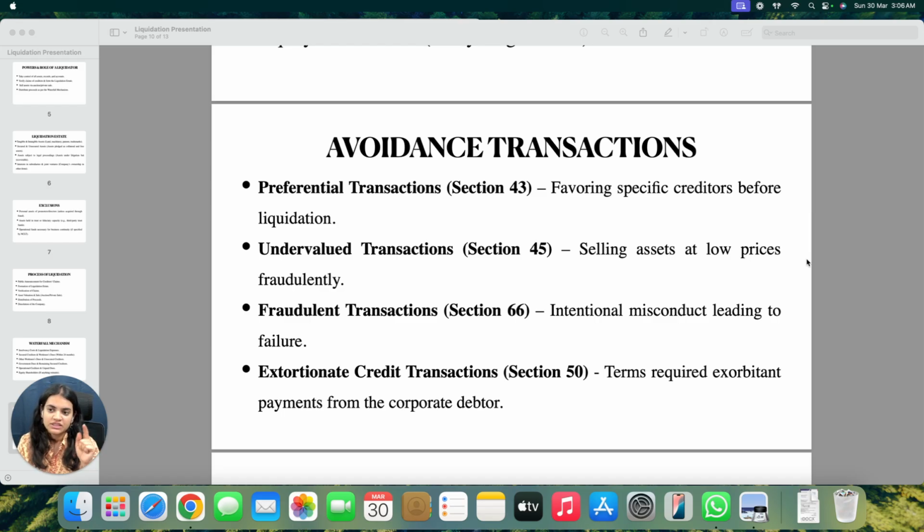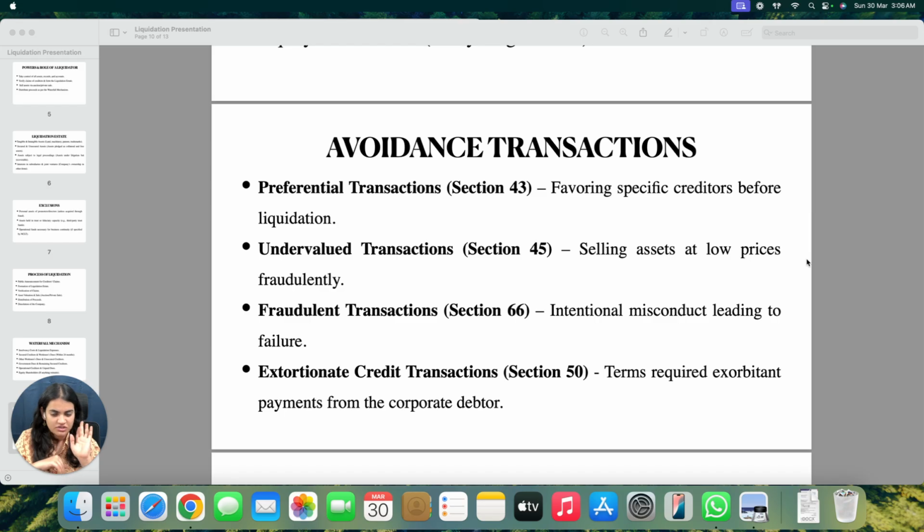Now, Section 45 provides for undervalued transactions. Basically, if any assets of the corporate debtor are sold at a throwaway price, at a price so low that it is unrealistic. It may be given off as a gift, or it may be sold off at a nominal price outside the course of its ordinary business.